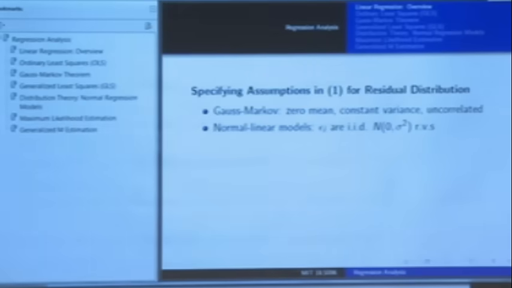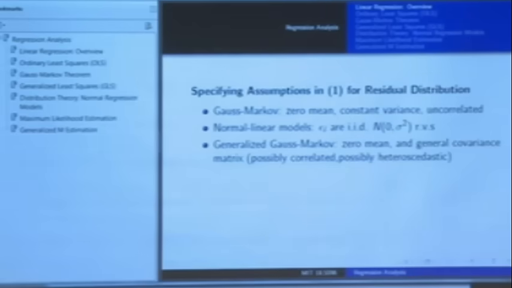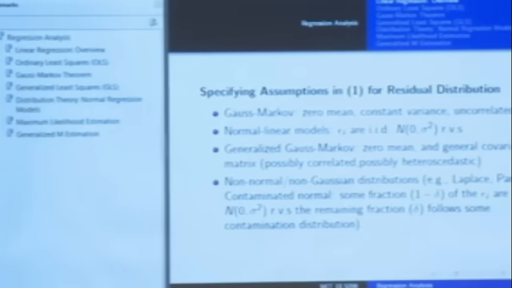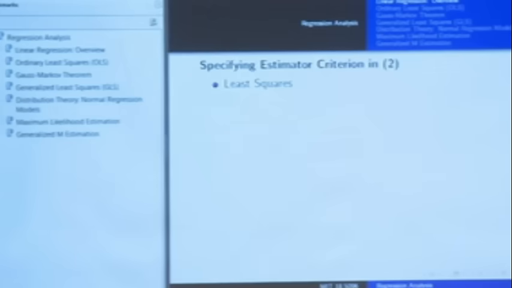And we can extend upon that to consider generalized Gauss-Markov assumptions, where we maintain still the zero mean for the residuals, but we might have a covariance matrix. I'm sure it comes as no surprise that Gaussian distributions don't always fit everything, and so one needs to get clever with extending the models to other cases.